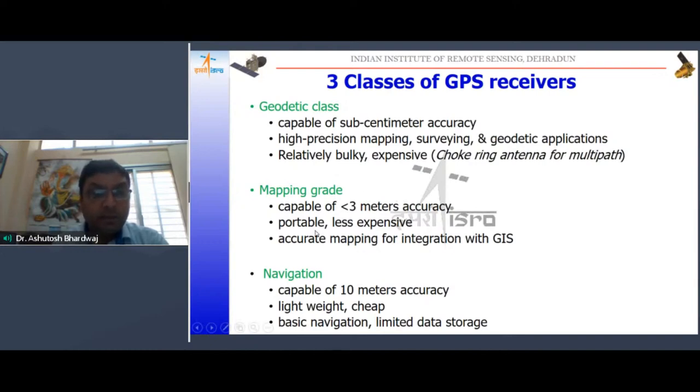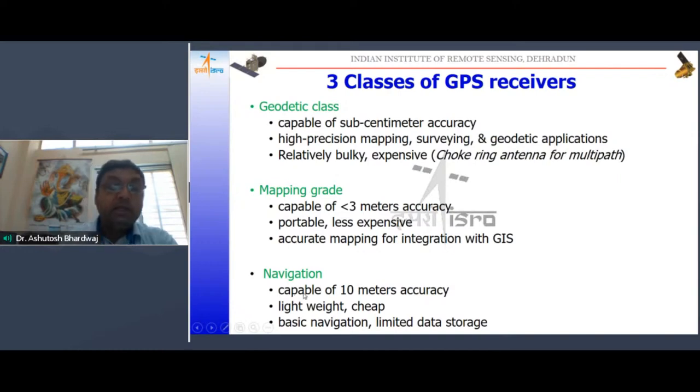These are portable relatively and less expensive as compared to geodetic class of receivers, and are good for the automated mapping or facility management mapping requirements, and their integration with the GIS, such as the power GIS, where you may have requirement of mapping all the public utilities like the electric poles, transformers, mapping the sitting places in the parks. So for such things, this kind of receivers can be utilized. For specific applications, mapping of trees, these kind of receivers can be utilized.